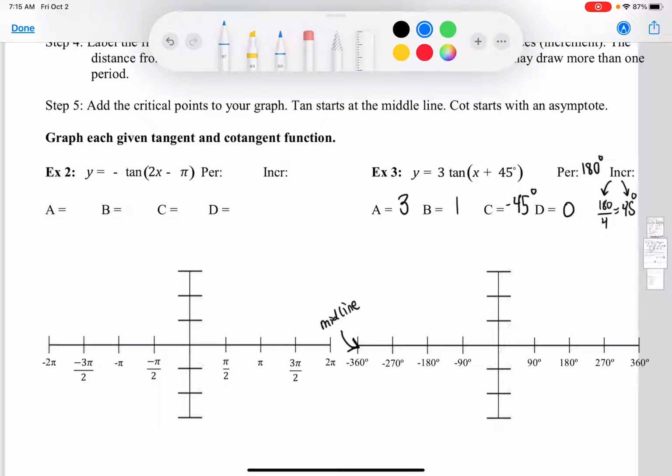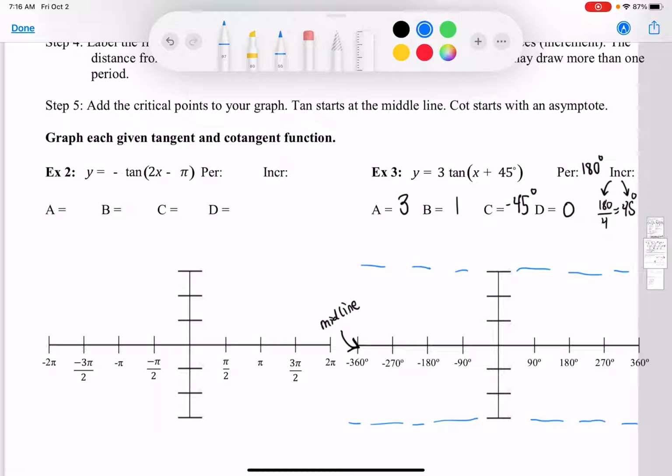Using then my amplitude, I know that the highest point I'm going to plot, not necessarily the highest of the graph, will be up here at 3. The lowest will be here at -3. All right, and then I know that my graph has moved either left or right.